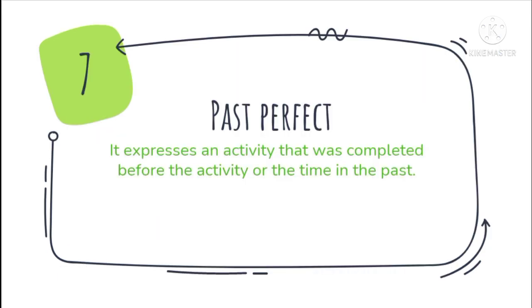The last one, past perfect. Okay, it expresses an activity that was completed before the activity or the time in the past. Miss, ini maksudnya gimana, Miss? Sudah selesai sebelum waktu atau kegiatan yang lain in the past. So, jadi kayak gini. Misalnya kemarin nih atau tadi pagi, kalian mandi dulu atau sarapan dulu.